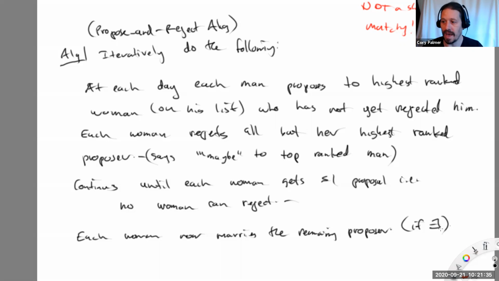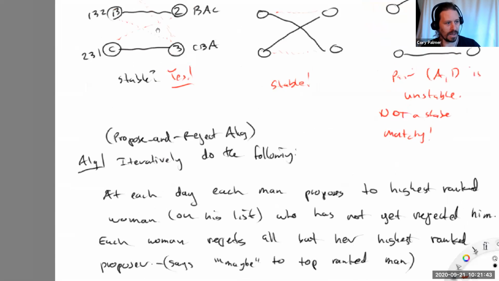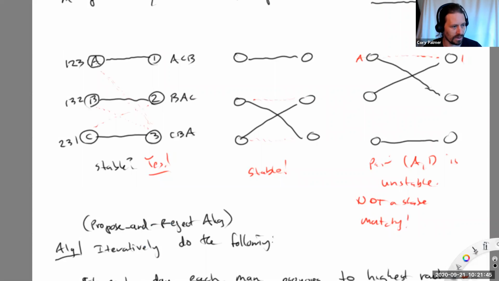So to be clear, a man may repeatedly keep proposing to a woman forever. Like in the example above, I guess we could run the algorithm on this, but I haven't actually gone through it here. So on day 1, A is going to be proposing to 1 because that's his highest ranked. B will also propose to 1, and C will propose to 2.